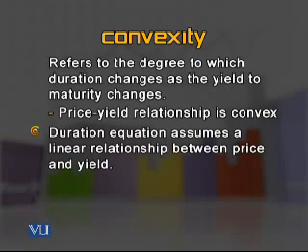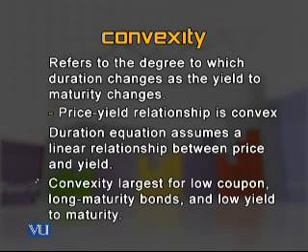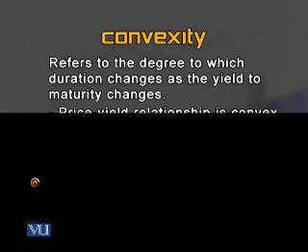The duration equation assumes a linear relationship between price and yield, and convexity is largest for low coupon, long maturity bonds and low yield to maturity.